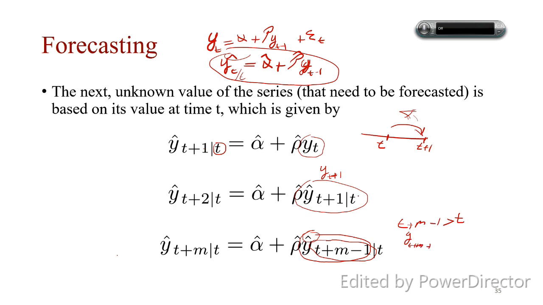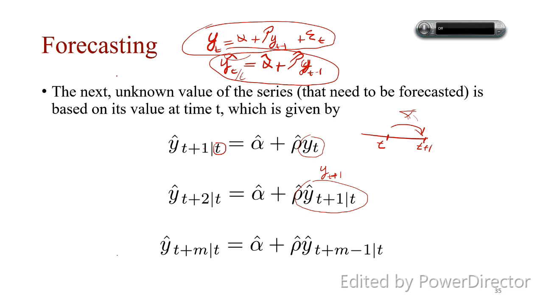This is a very important idea about forecasting: we don't really know the future value, so we have to estimate it, and this estimate should be built on the estimated previous value. Everything is recursively related, due to the main assumption we are covering here, which is that y_t follows this model.